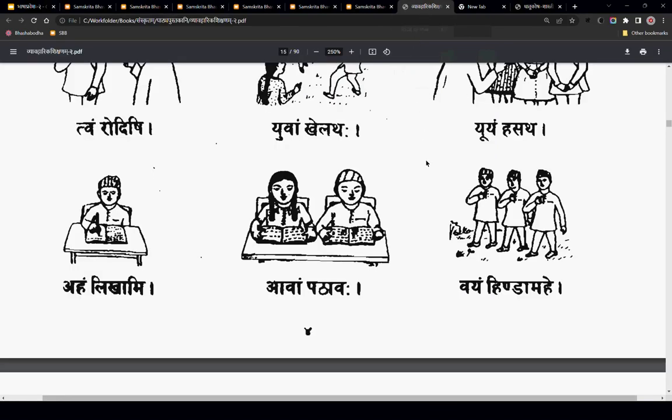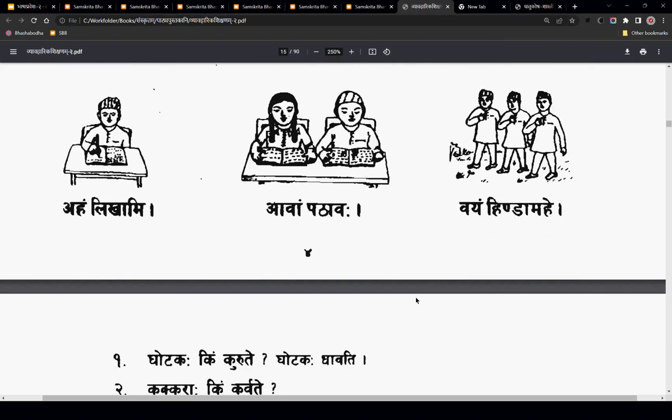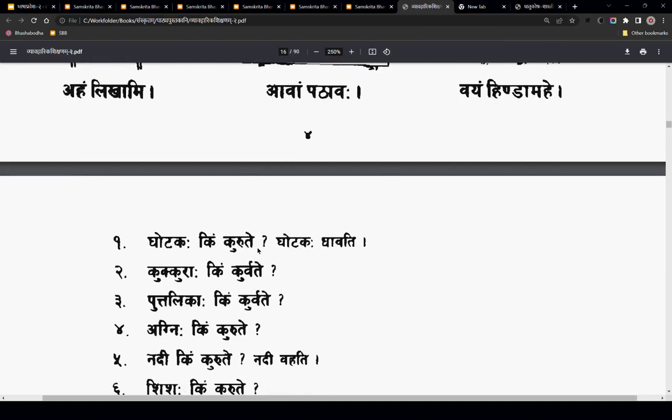So looking at the book here, some like hindamahe, some of the kriyapadas they have used, are of atmanepadi form. Now in the question also you see here, ghotakaha kim kurute. What is the pada of kurute here? Is it parasmapada or atmanepade? Kurute.